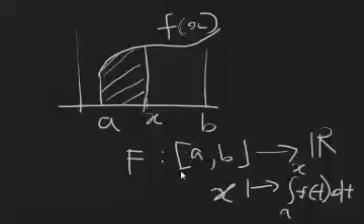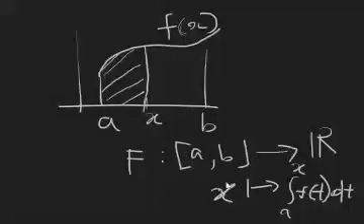So how do we define that function? If you take any element in between these two, in this a, b interval, right? So that maps to this integral of f from a to x. x is an element in between a and b, f of t dt, right?